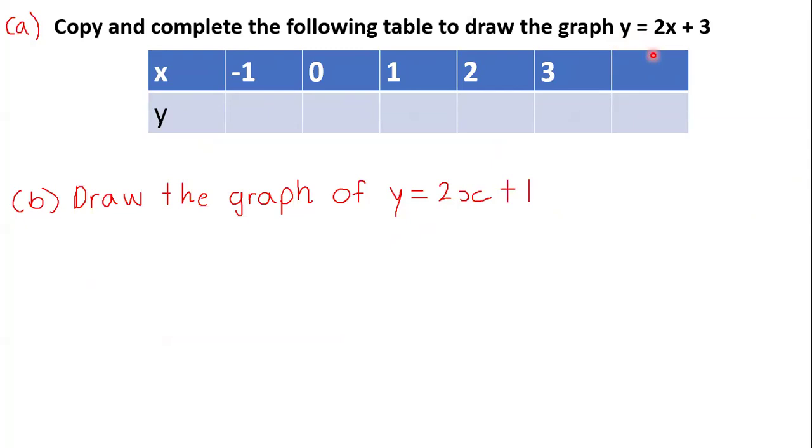Explain how we're going to complete the table. There are steps. What are the steps? You have to solve x is equal to -1. How are you going to do that?